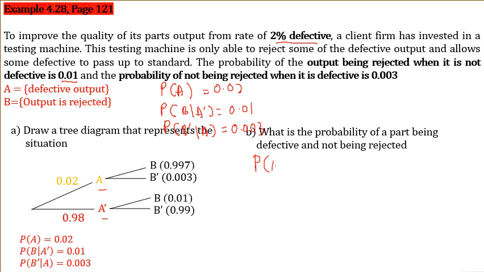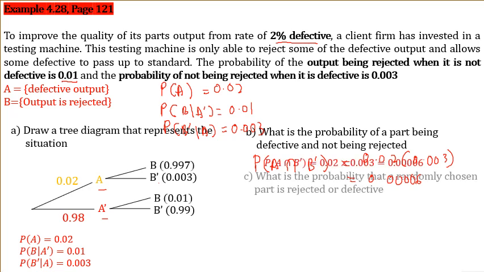Probability of part being defective, A, and not being rejected, B complement. Okay, for the A and B complement, so 0.02 times 0.003. We got the answer 0.00006.